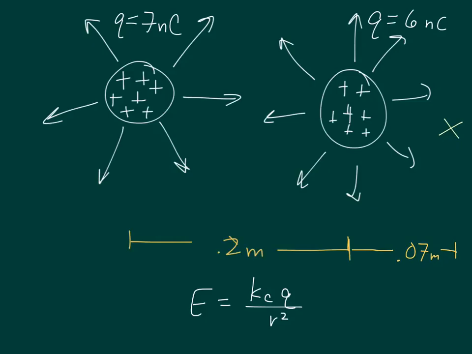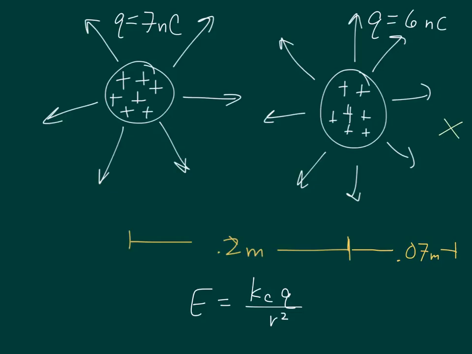What is k? It's a constant. It's on your table. You don't have to memorize it, okay? But 9 times 10 to the 9, you could remember if you want to, but it's on the bottom of your formula sheet. So constant, Q.